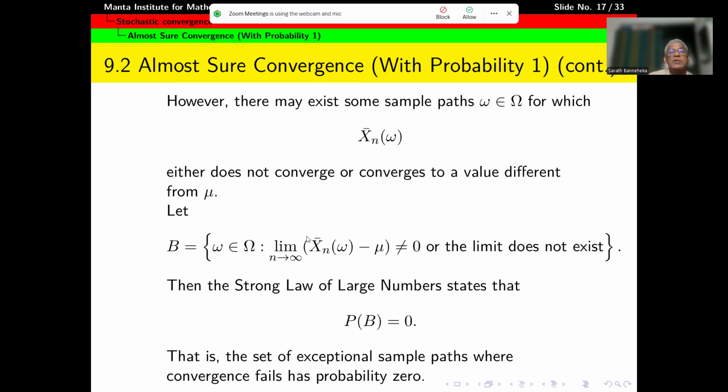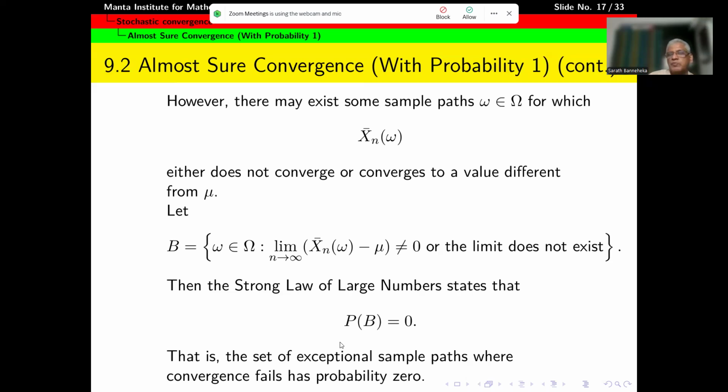However, there might be some sample points omega in capital Omega for which xn bar omega either does not converge to the population mean or may not converge at all. It might even be divergent as n goes to infinity, but the probability of that set is equal to 0, especially when the random variables we are considering are continuous. This is very easy to see. Very, very rarely.